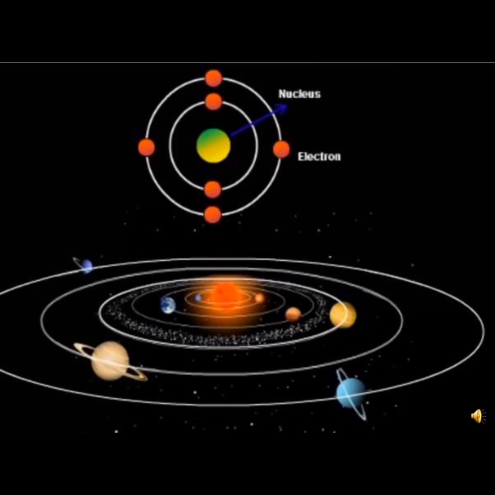So it is very similar to the electrons revolving around the nucleus in the atom. If you have to imagine how an atom looks, you can always refer to the structure of the solar system. Atoms also look very much like the solar system.